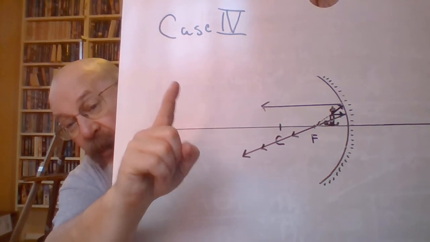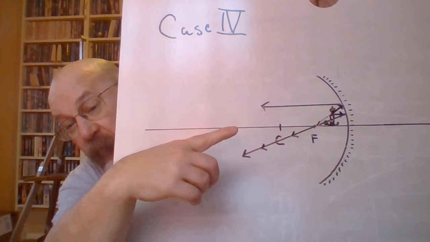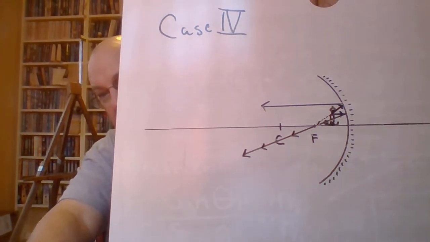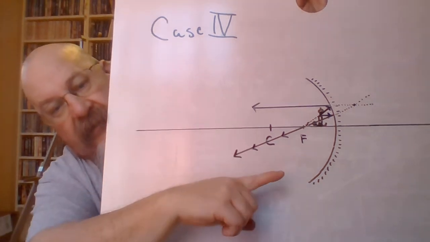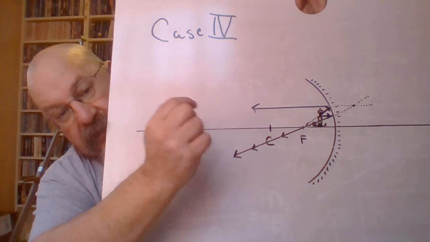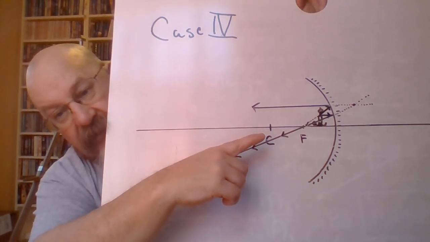All right. We have to extend each of the reflected rays back into the mirror. Okay, you can see I extended this one up and this one straight back. And notice where the two dotted lines intersect.